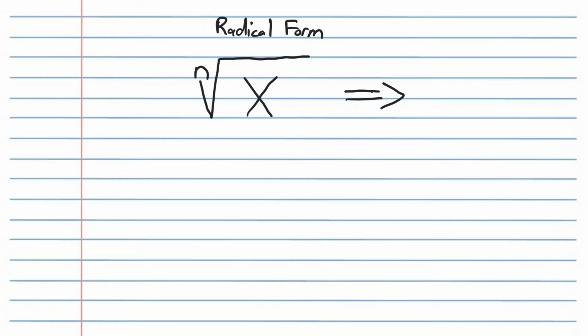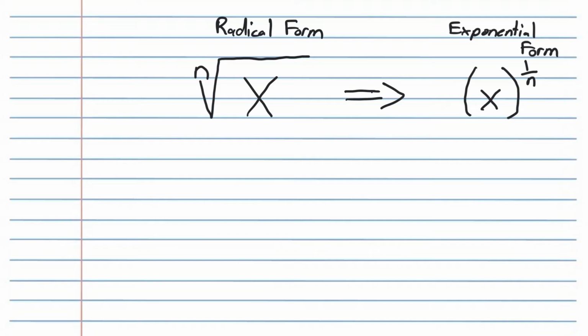We can change that to an exponential form. The way you do that is that the inside piece does not change. I'm going to put parentheses, and x is still on the inside. But that index number, that n, becomes a fraction, and we put a power of 1 over n. That's how you go from radical form to exponential form.